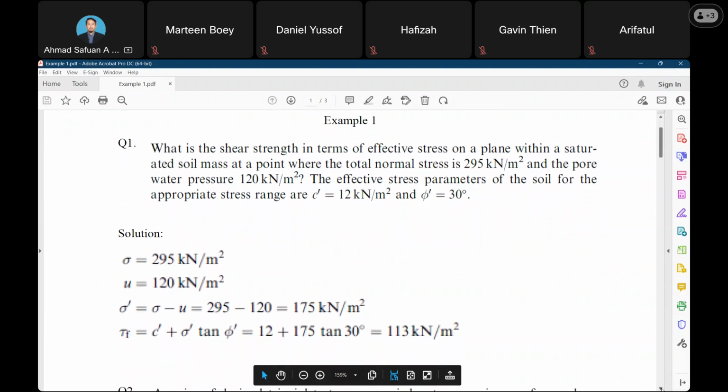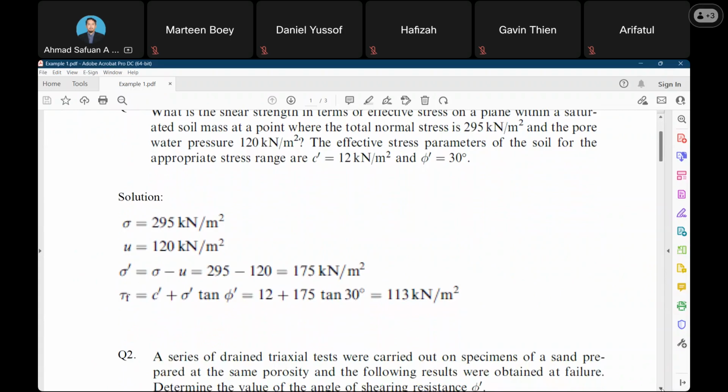Based on the Mohr-Coulomb equation, the shear strength can be estimated by using C plus effective stress times tangent phi. The C is equal to 12, the phi is equal to 30. So 175 tangent phi.